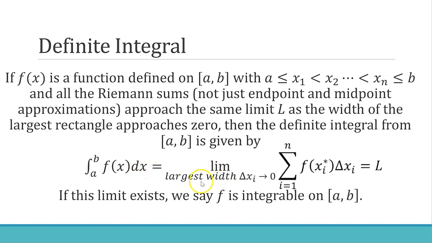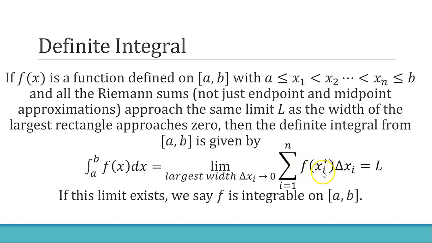It's the limit as the largest width of the rectangles goes to 0 of the Riemann sum. So basically all we're saying here in a more formal way is that to find the exact area under the curve, which is a definite integral, we want the limit of any possible Riemann sum to have all the widths go to 0, get really, really thin and tiny.